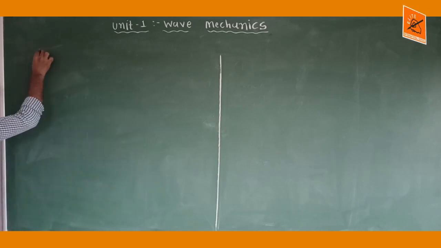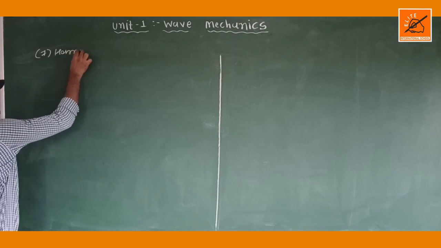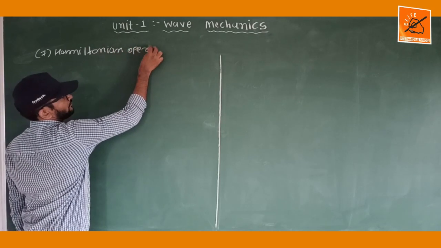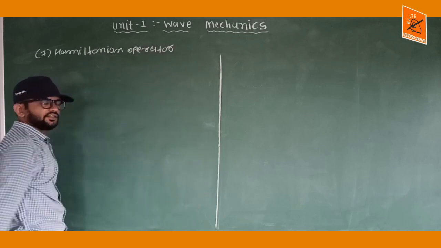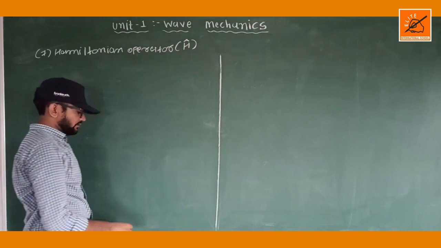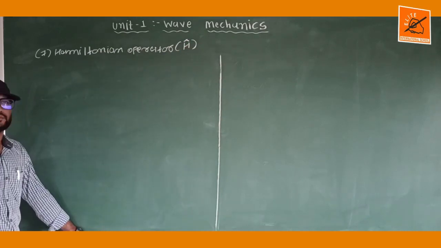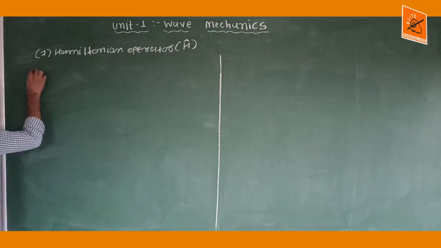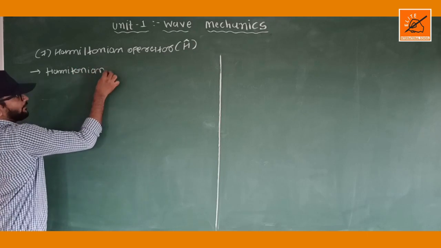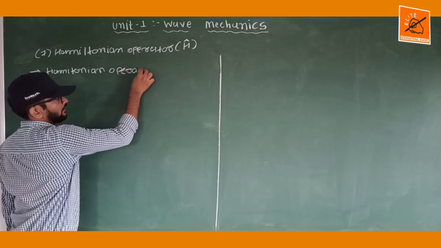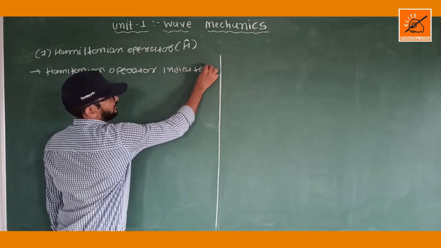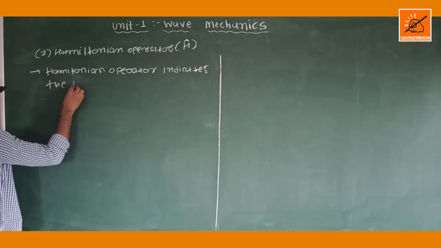So the seventh operator is the Hamiltonian operator, and it is denoted by the sign capital H. Okay, so the Hamiltonian operator indicates the total energy of the system.